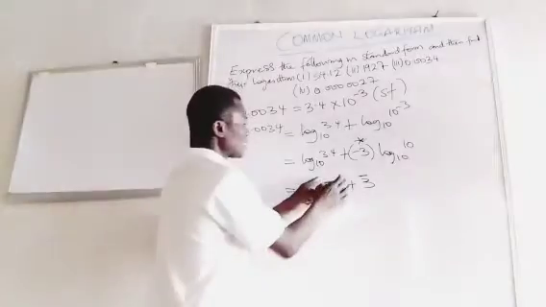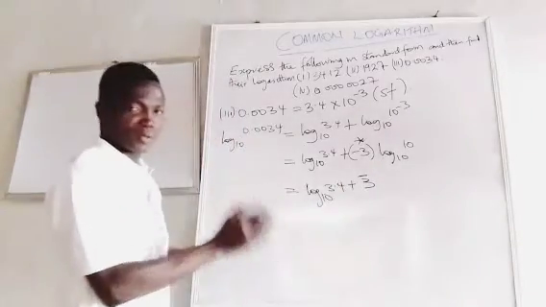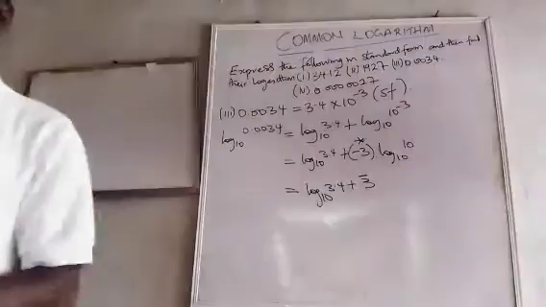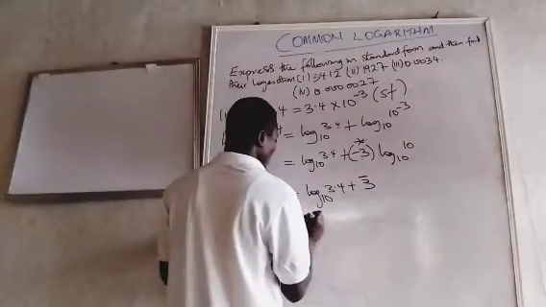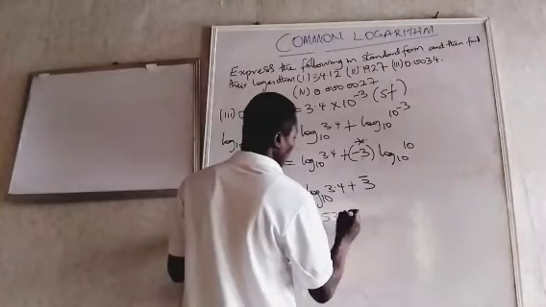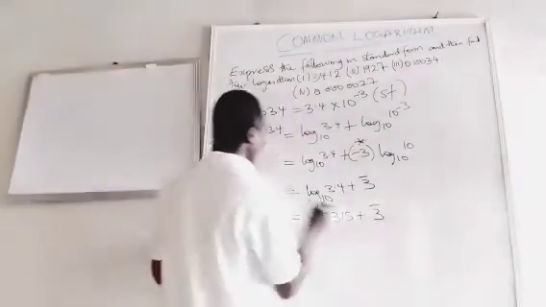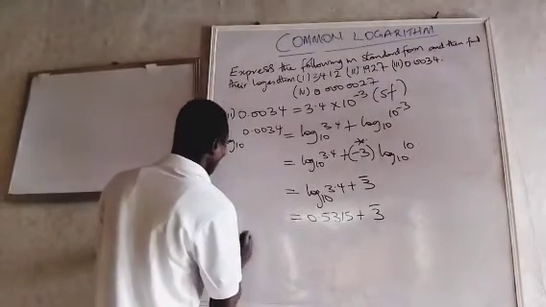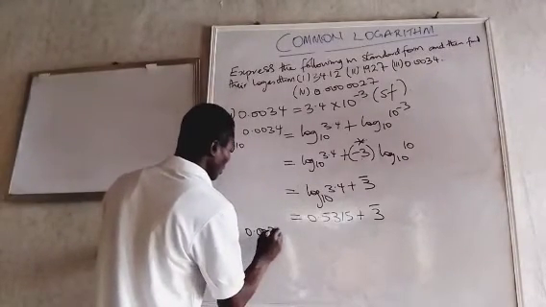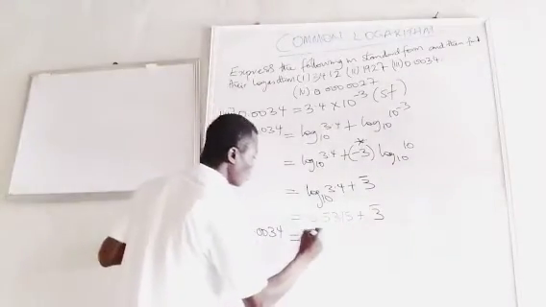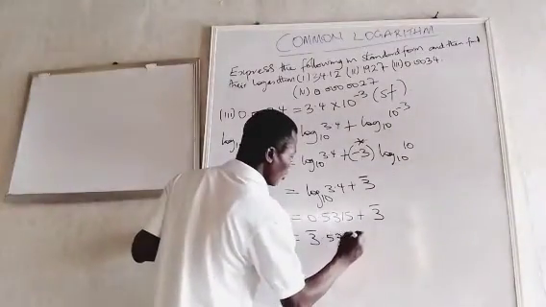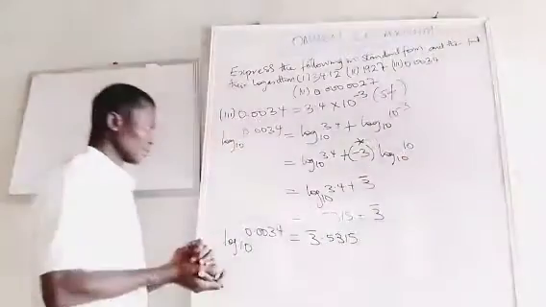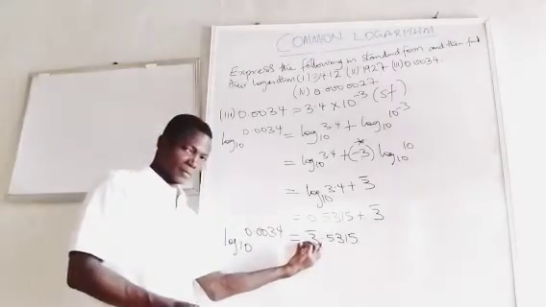And then, this is the one you will check from the 4-figure table. You will check the logarithm of 3.4 from the 4-figure table. This one is 0.5315. So at the end of the day, log 0.0034 to the base of 10 is equal to bar 3.5315. Note, the character is negative.